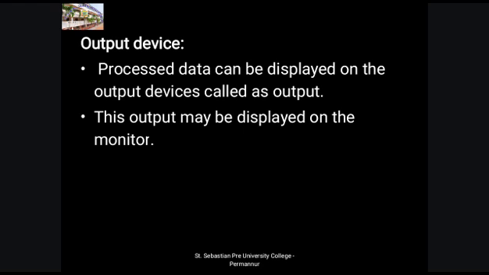Output devices convert information into human readable form. It can be text, graphics, audio, video, etc. I mean to say a device like monitor, printer, which help us to give output to the user.